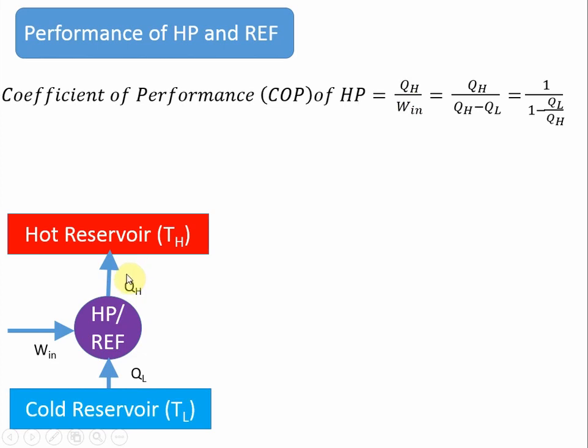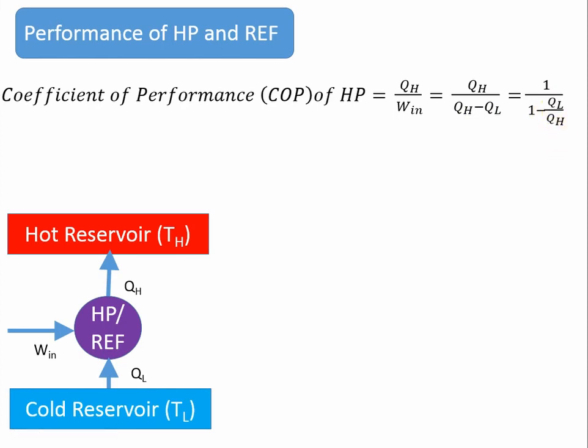In order to get QH, you are supplying W in. Again, by applying the first law of thermodynamics and defining the system boundary correctly, you can find that W in is equal to QH minus QL. Therefore, the coefficient of performance of a heat pump comes to 1 over 1 minus QL over QH.